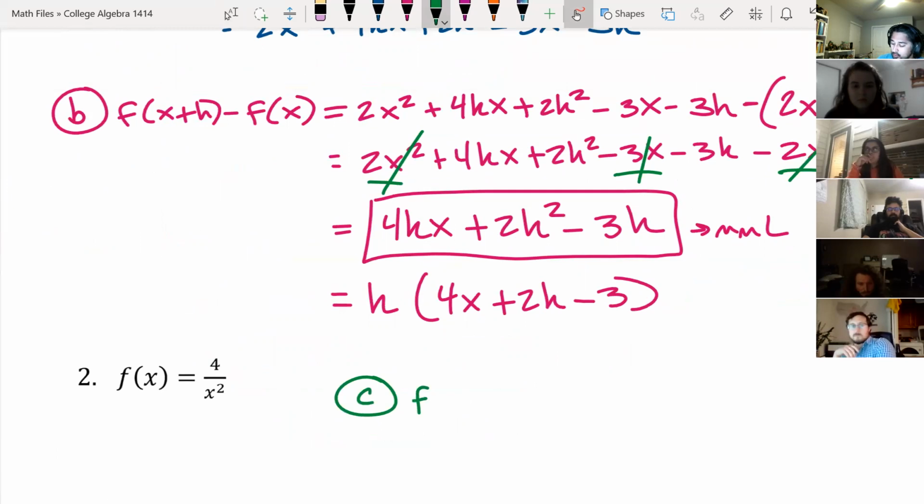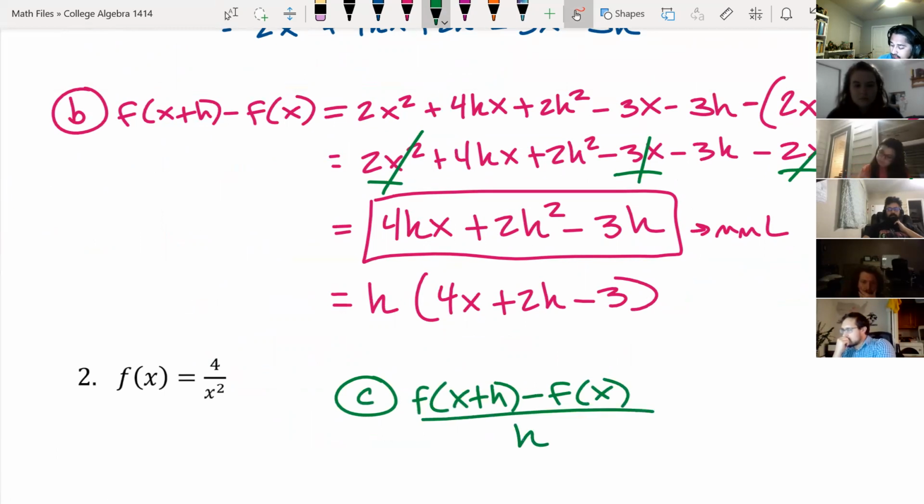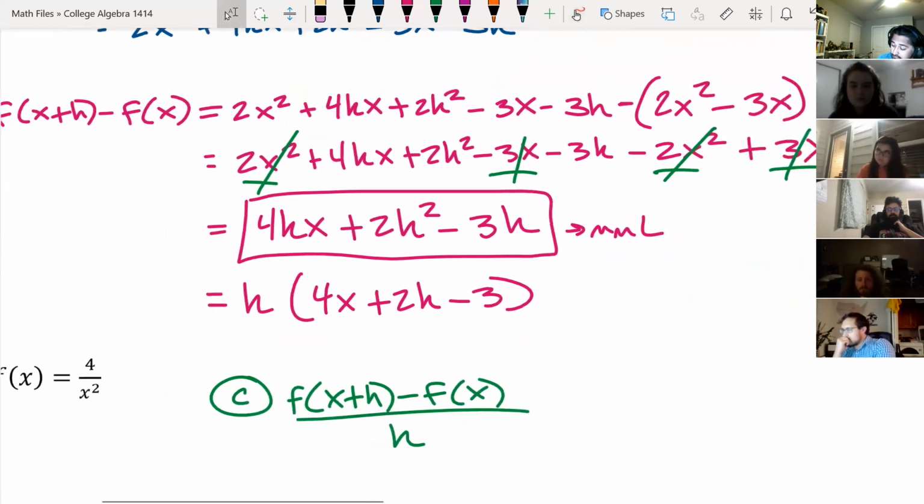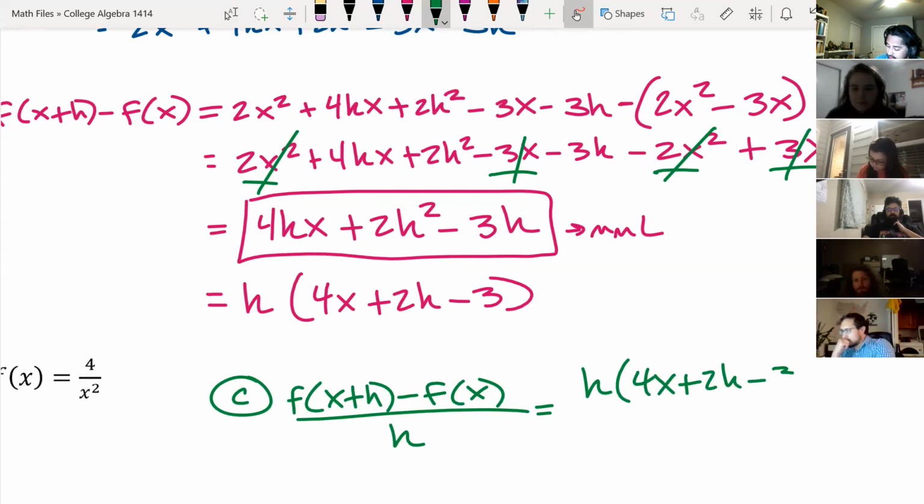And we want the whole difference quotient. f of x plus h minus f of x all over h. And we take what we ended with in step B, and I put that in the numerator. h times 4x plus 2h minus 3. I put it all over h, and what's going to cancel?